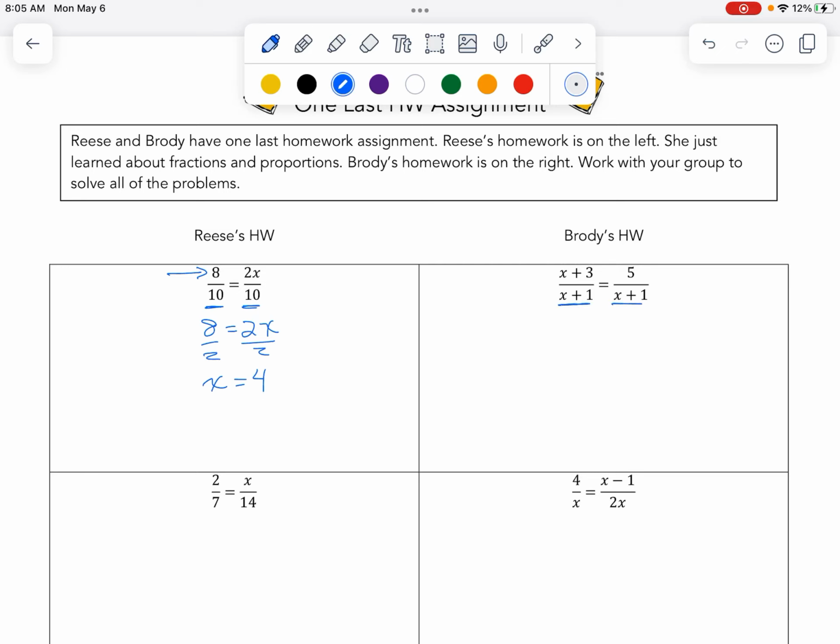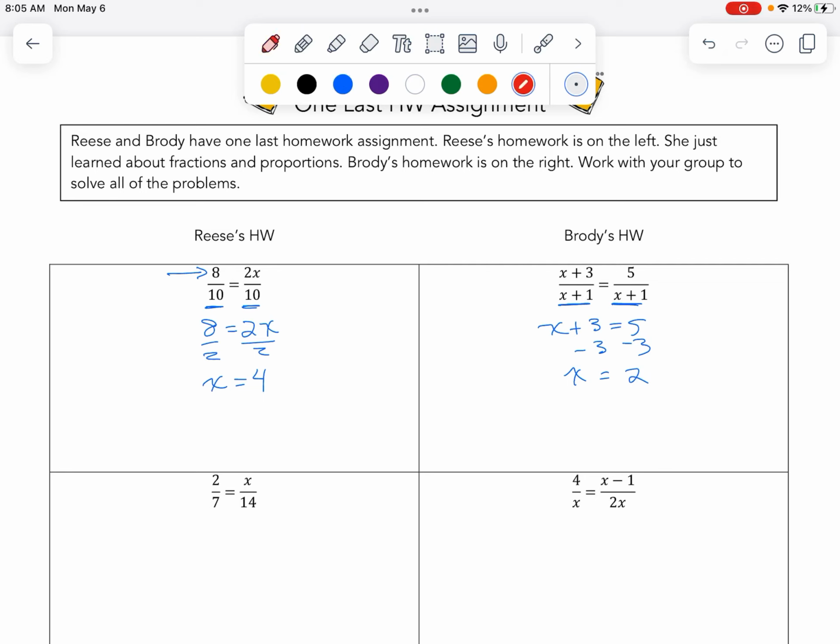But if you also notice, the denominators are the same, so I can just take a look at the numerators and set those equal to each other, subtract 3 from both sides, and I get x equals 2. So a lot less work when you do it that way. But that, again, is only when the denominators are the same.